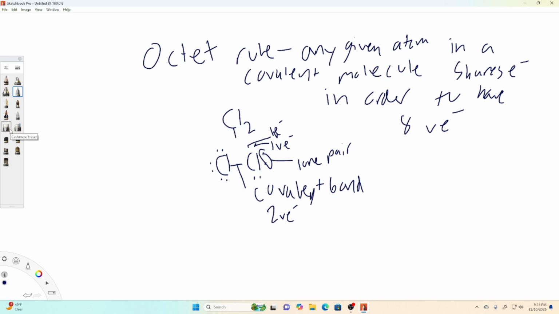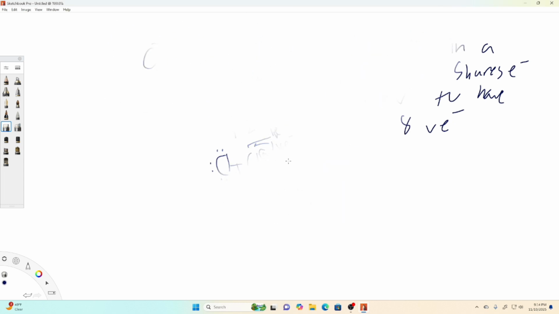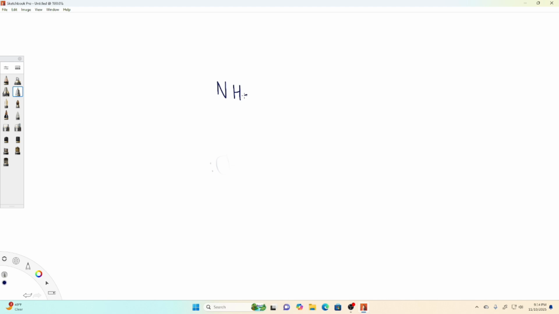Alright, now here's where things get tricky. To draw a Lewis structure, let's draw out the structure for NH3. This is just ammonia as it is like this. We would need to do 3 things. First, we need to add up the total valence electrons in this molecule.